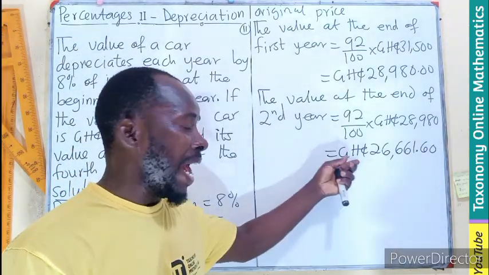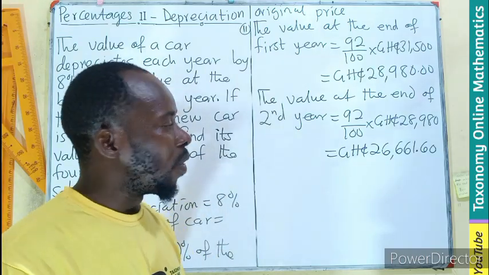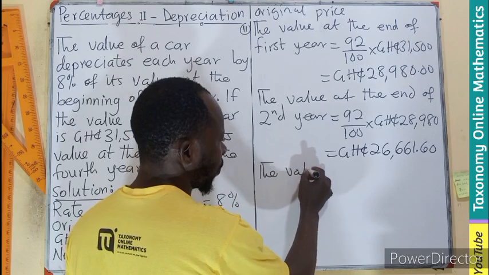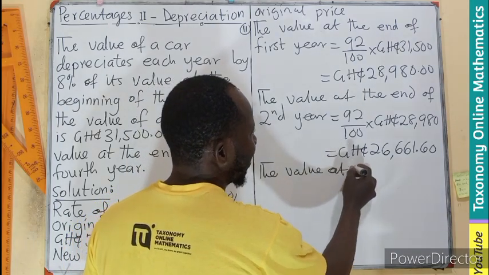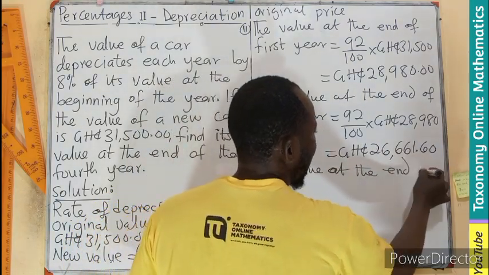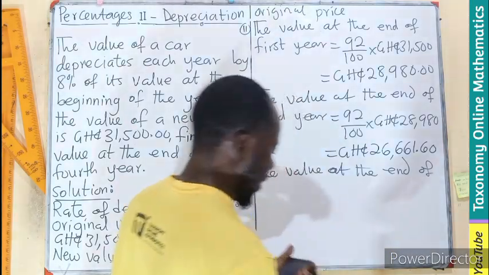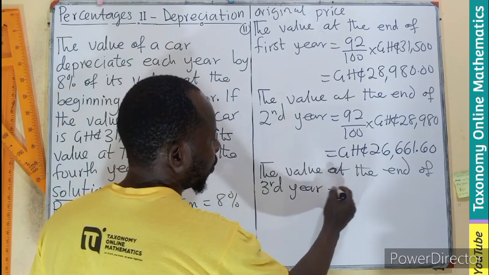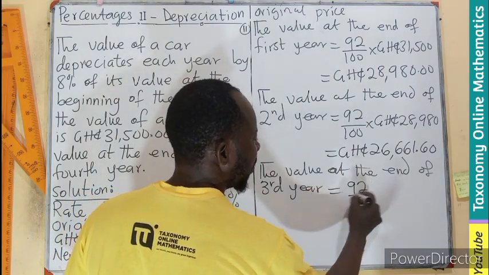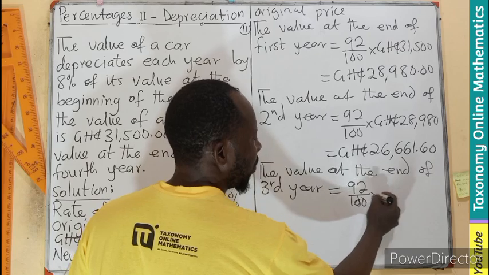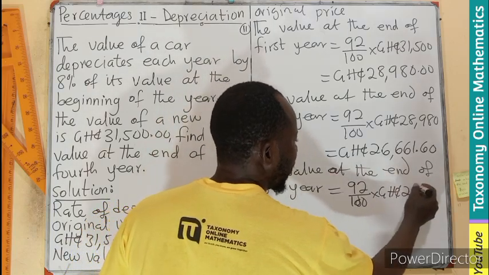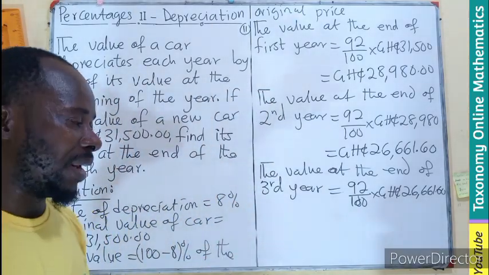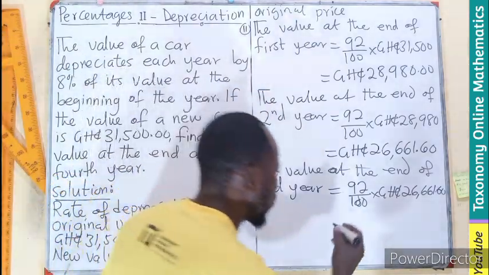We have to go again. The end of the second year becomes the beginning of the next year. So the value at the end of, let's just say, the third year, is still going to be 92% of the value at that time, which is now 26,661.60 pesos.